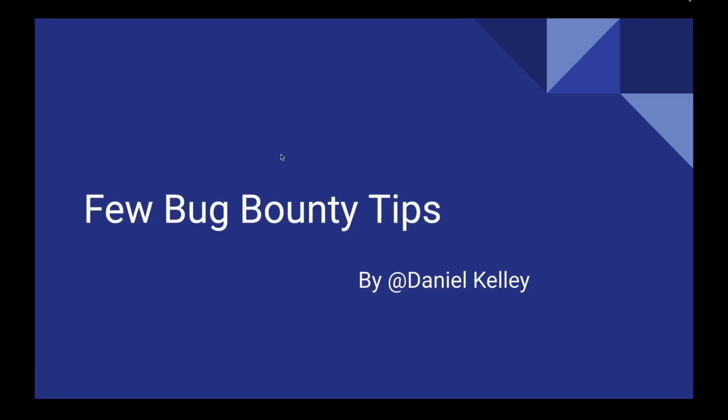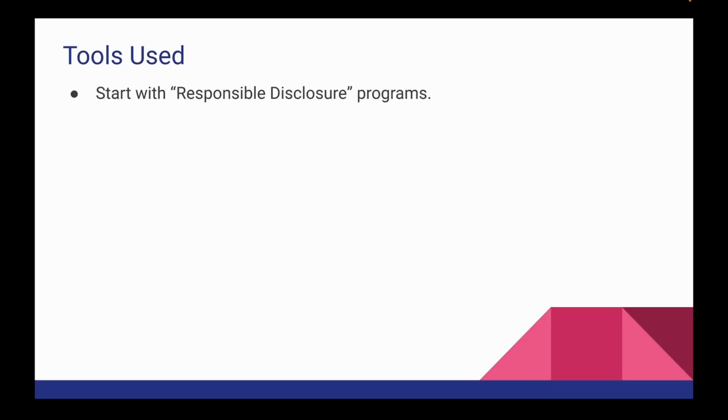Now let's get into another topic, a few bug bounty tips given by Daniel Kelly. He stated that at the initial stages of bug bounty hunting, you should not jump into private programs or platforms like HackerOne or Bugcrowd.